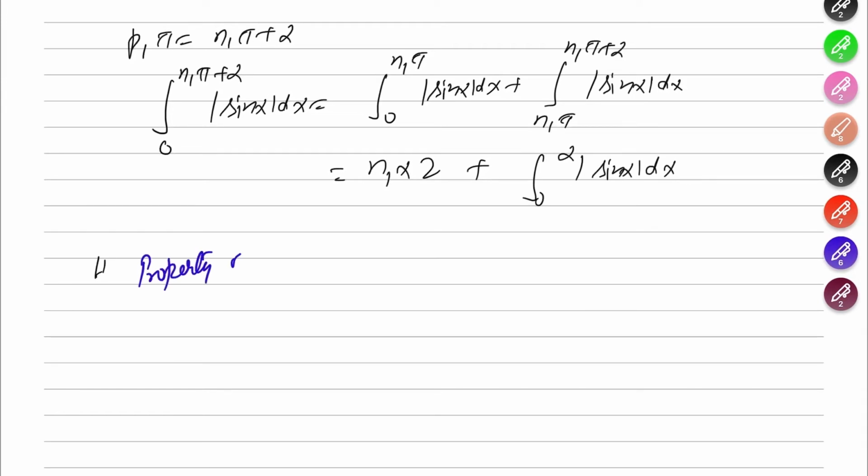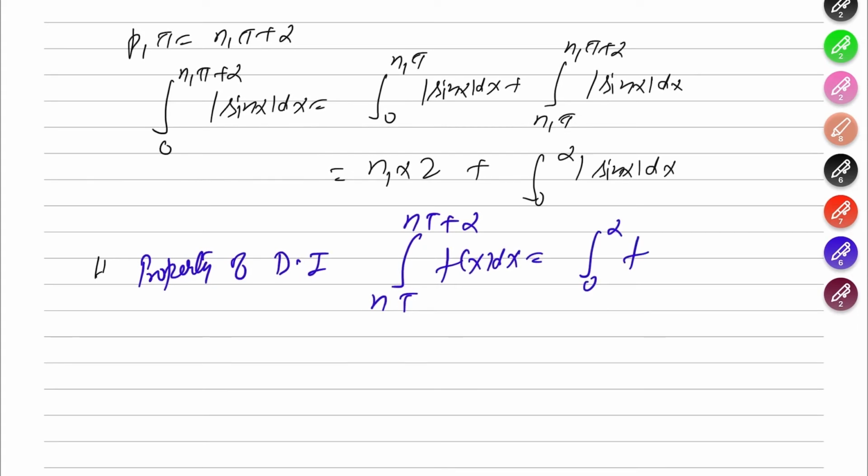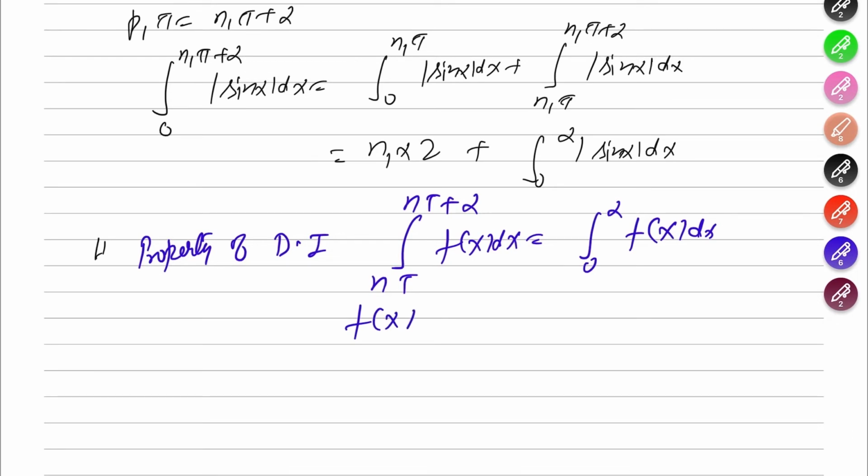We know this is one of the properties of a definite integral: the integral from nT to nT plus alpha of f(x) dx is equal to the integral from 0 to alpha of f(x) dx, where f(x) is a periodic function with period T and n is an integer.